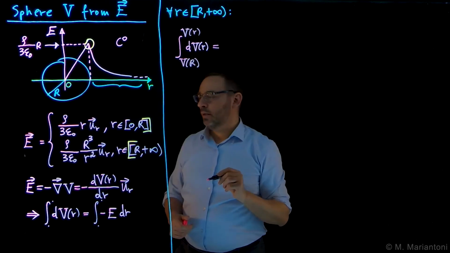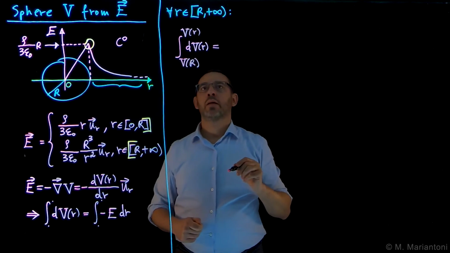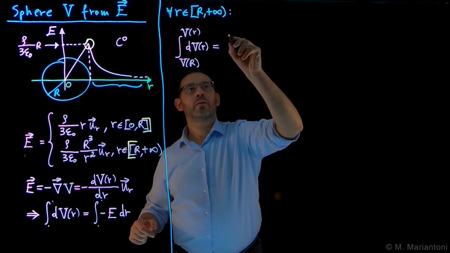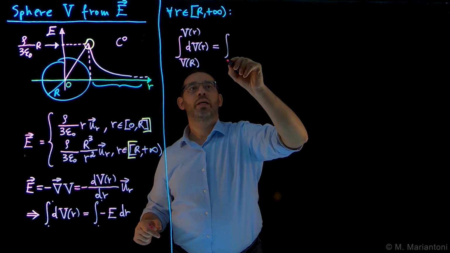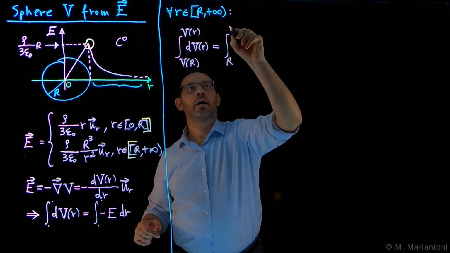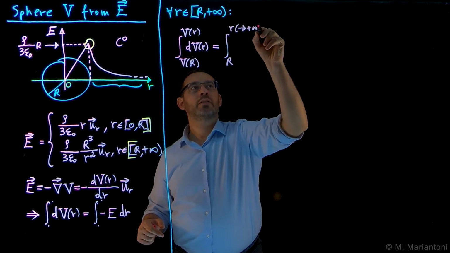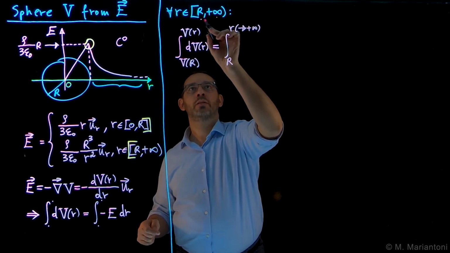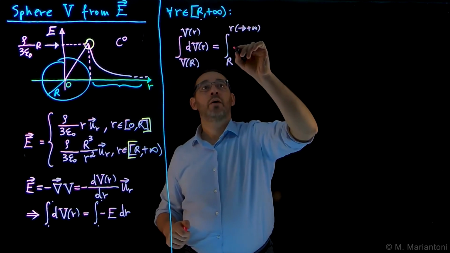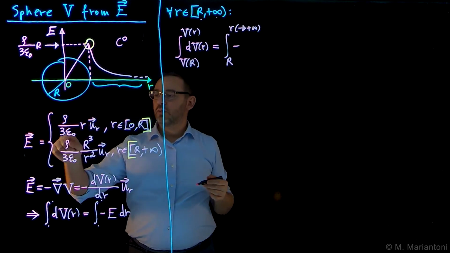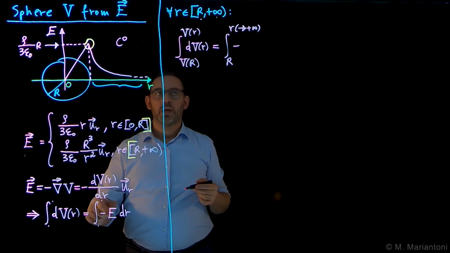This quantity has to be equal to minus the integral between capital R and small r, and note that in the limiting case, small r can go to plus infinity, because it can go all the way to infinity, of minus, let's already substitute our knowledge of the component of E in what region?